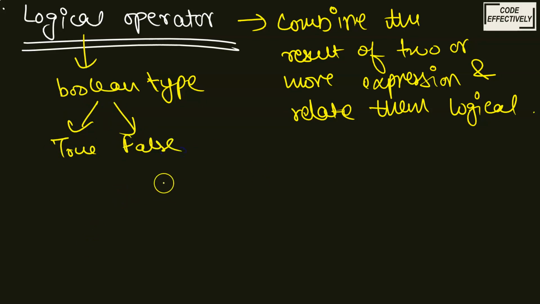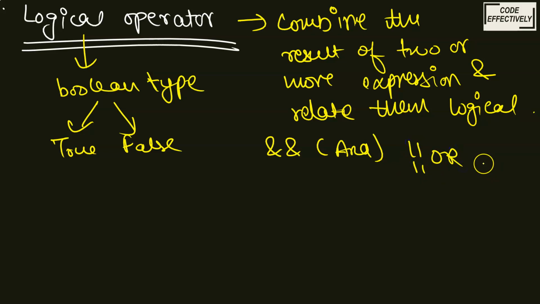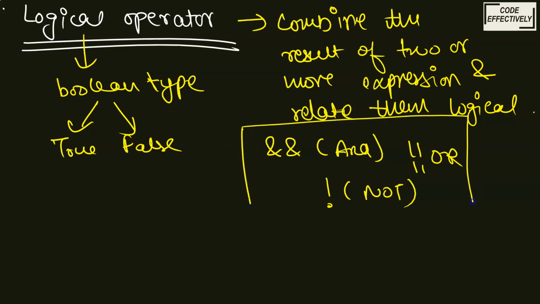In Java we have only three types of logical operators: AND, OR, and NOT. So we have only these three logical operators in Java, and we are using them.